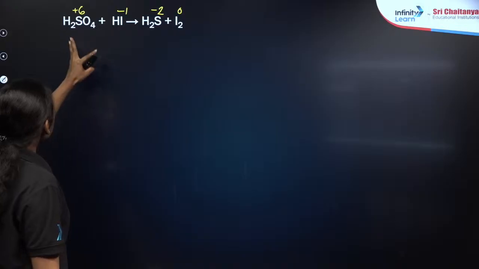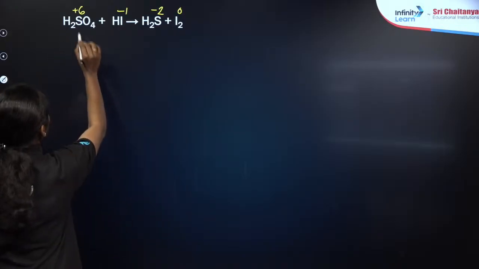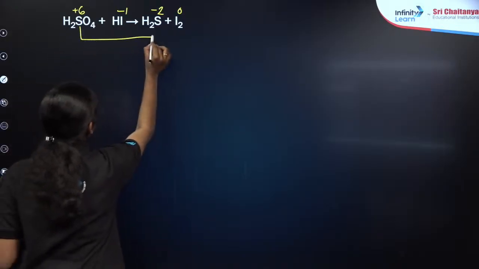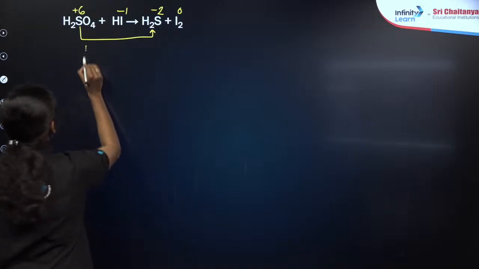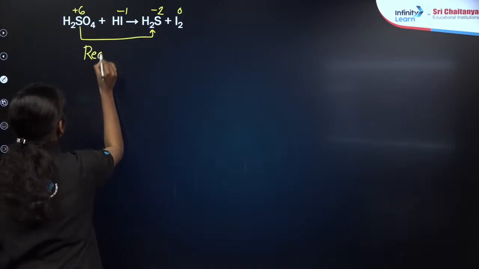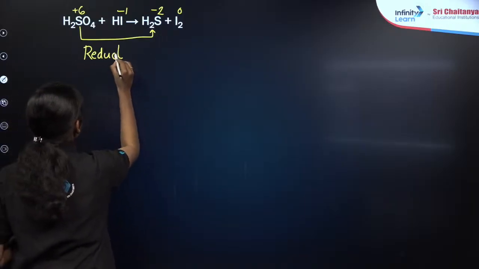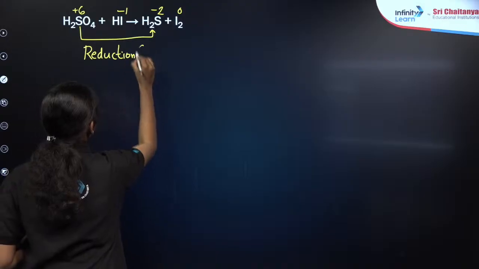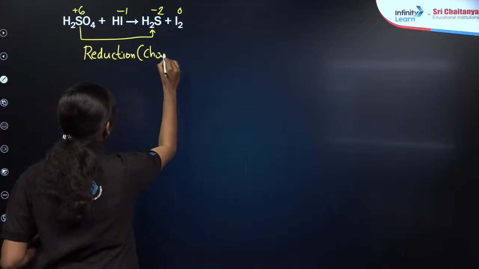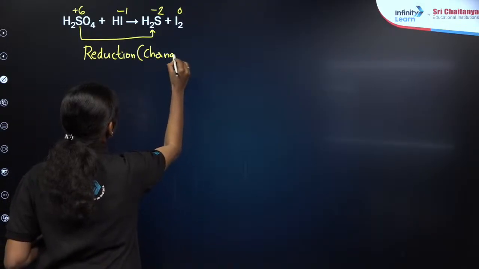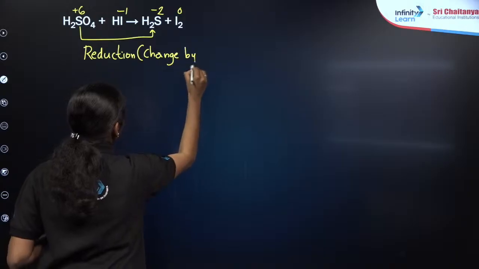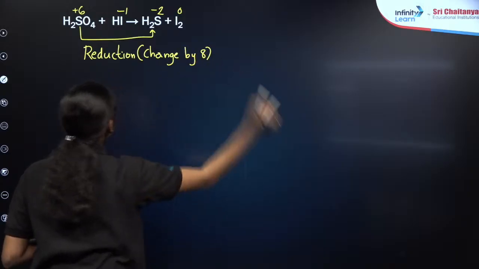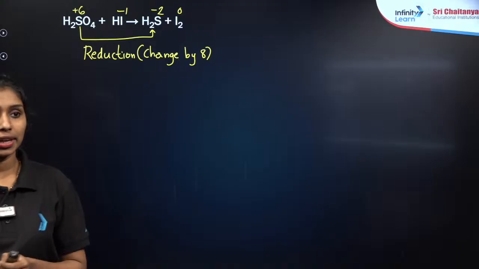In H2SO4, sulfur changes its oxidation number from plus 6 to minus 2, which means it is undergoing reduction, and the change is equal to how many? How many numbers is the difference here? Change by 8, right? Change by 8.